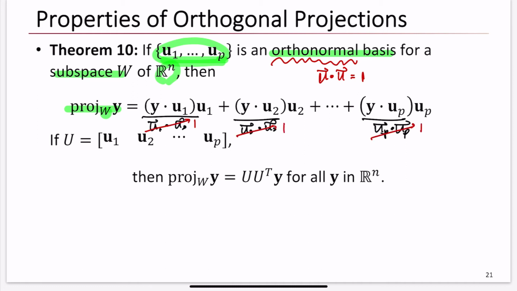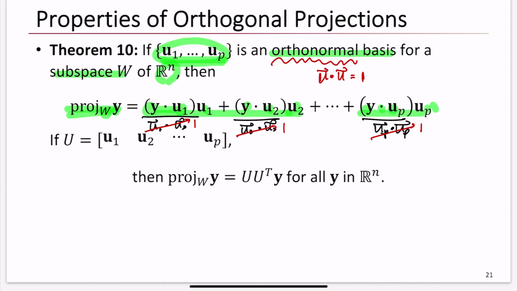So in other words, in the case of an orthonormal basis for the subspace W, the projection of Y onto the W subspace is going to be Y inner product U1 times U1, Y inner product U2 times U2, up to Y inner product UP times UP.